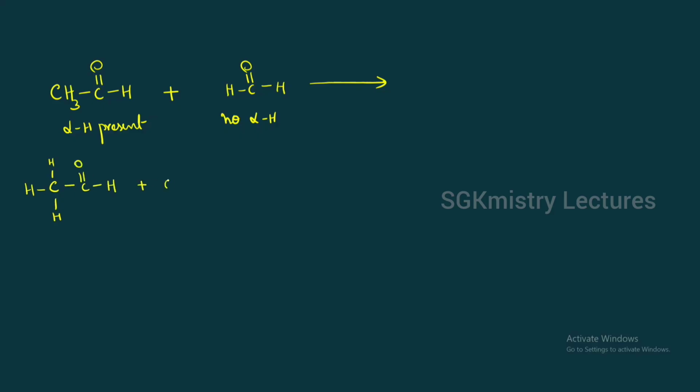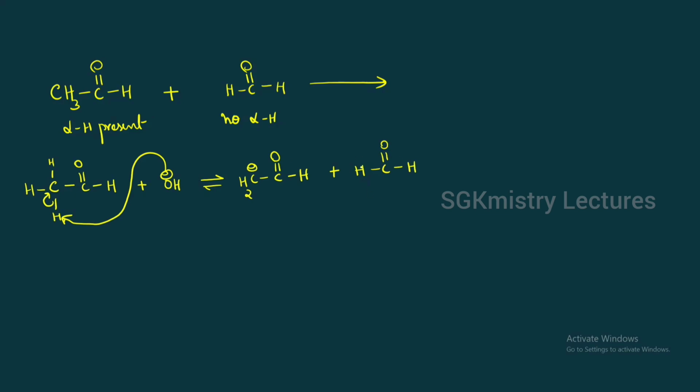So now in the presence of base, this base abstracts one of the hydrogens. So now we are going to get CH2 minus CHO, right? So now this can attack the formaldehyde. Now there is no alpha hydrogen here.